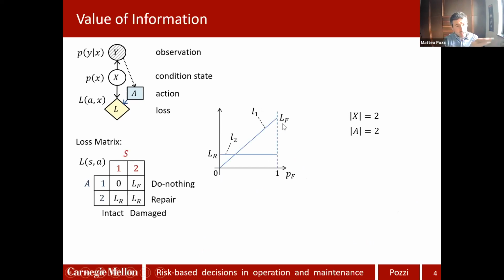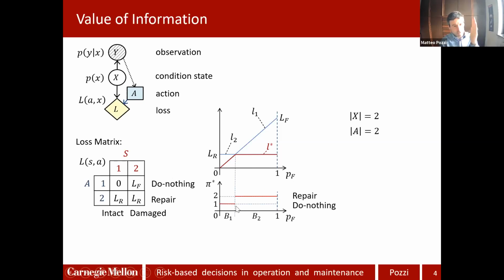But if you repair by paying a fixed cost, you can eliminate the risk. So this lower envelope between these two linear functions you can call the prior optimal cost. And this is also related to this optimal policy that tells you, in this case, do nothing up to this threshold and repair after that.